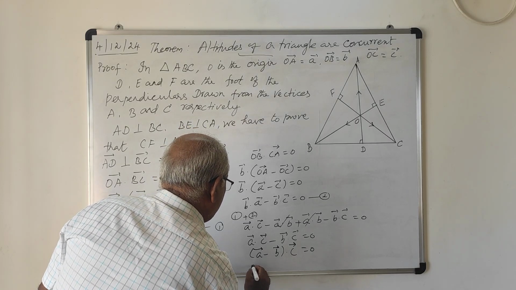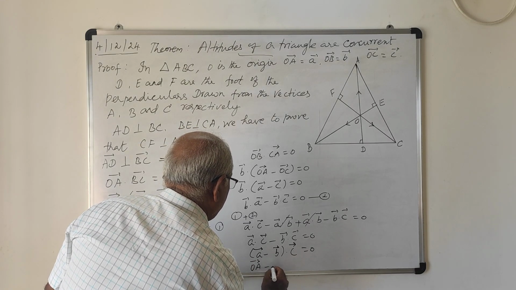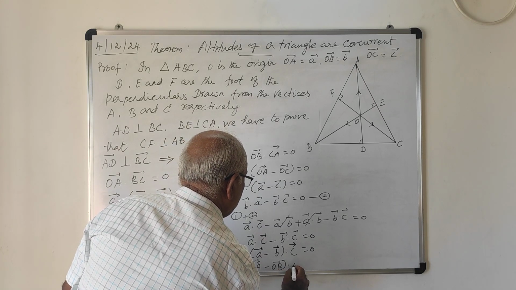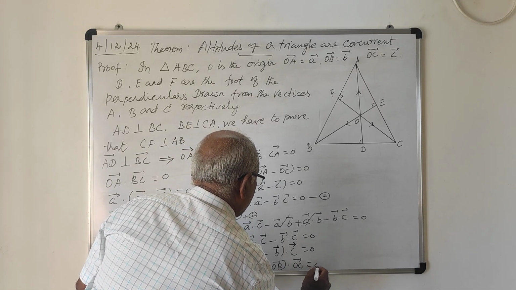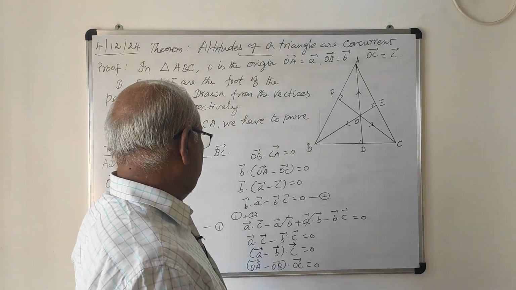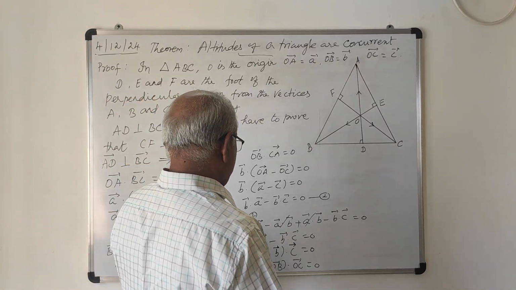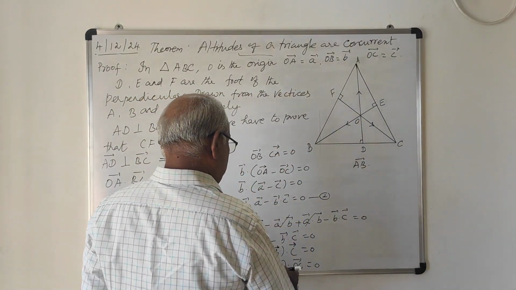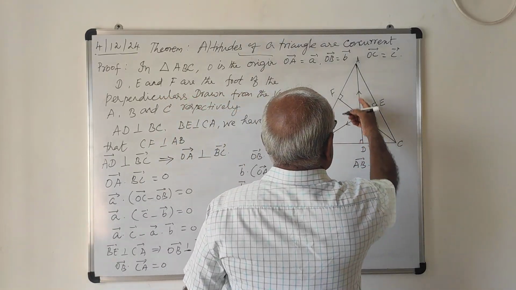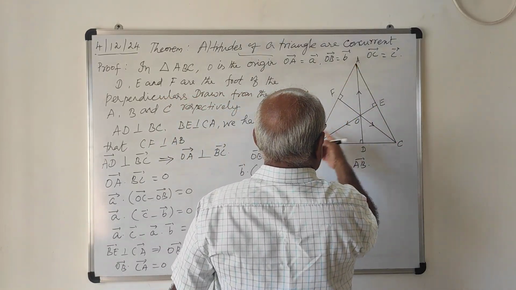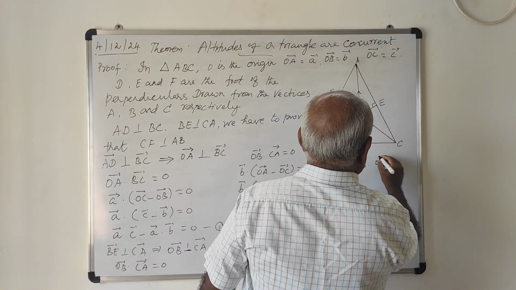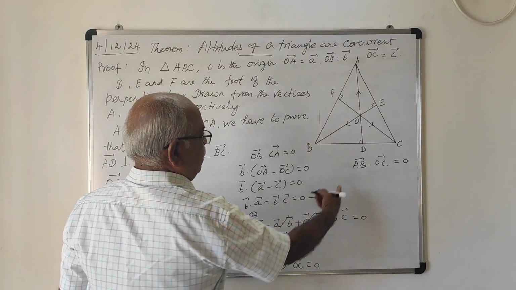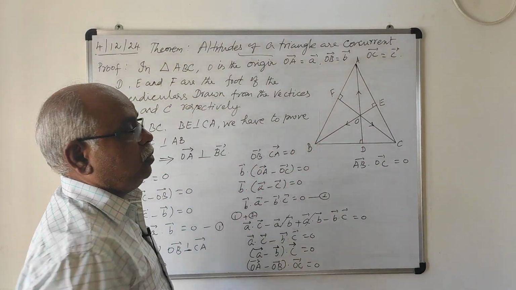A minus B is OA minus OB, and C is OC, equal to 0. OA minus OB is AB. So AB dot OC equal to 0.